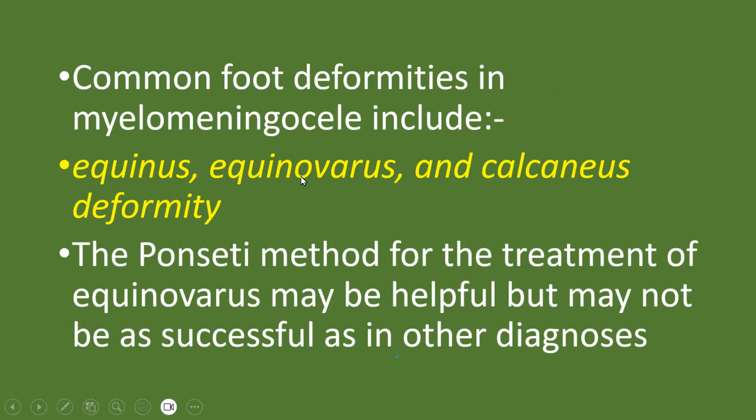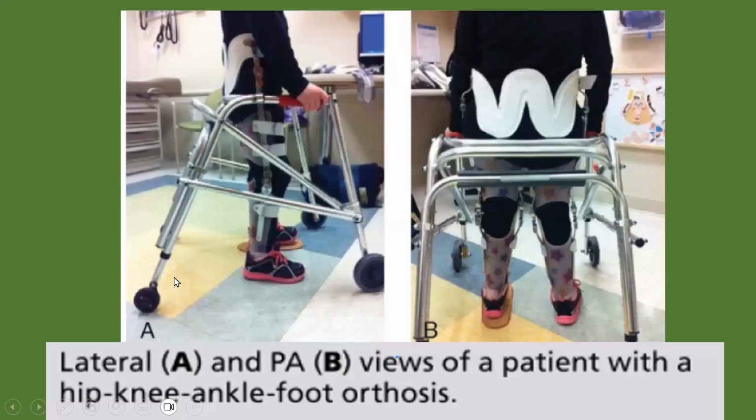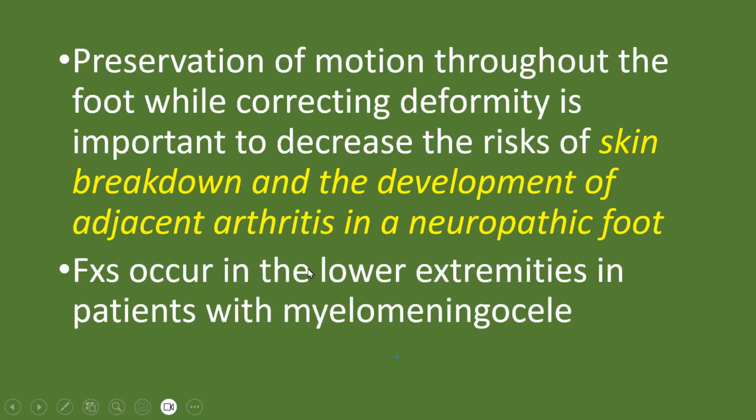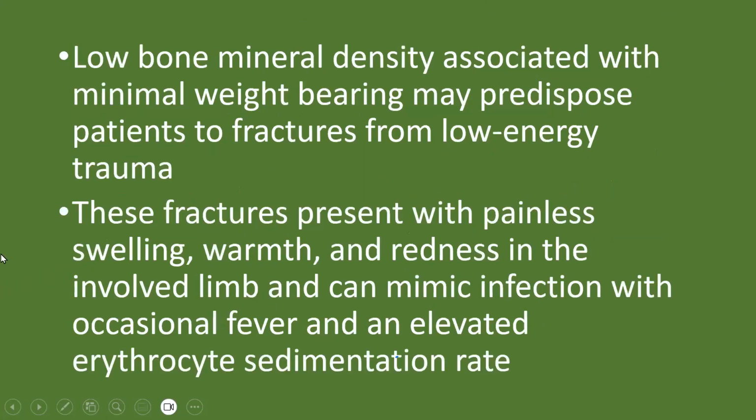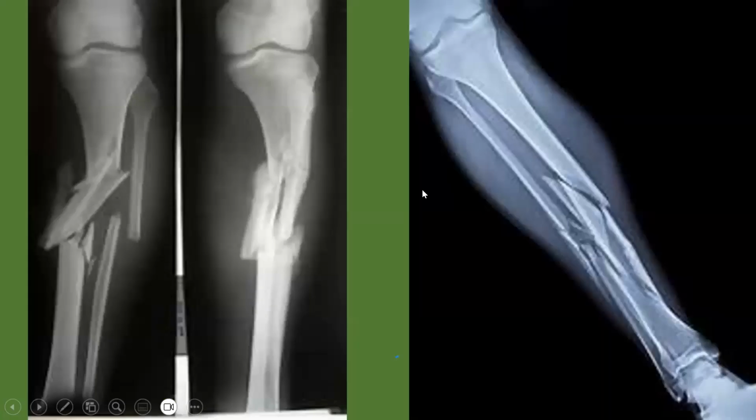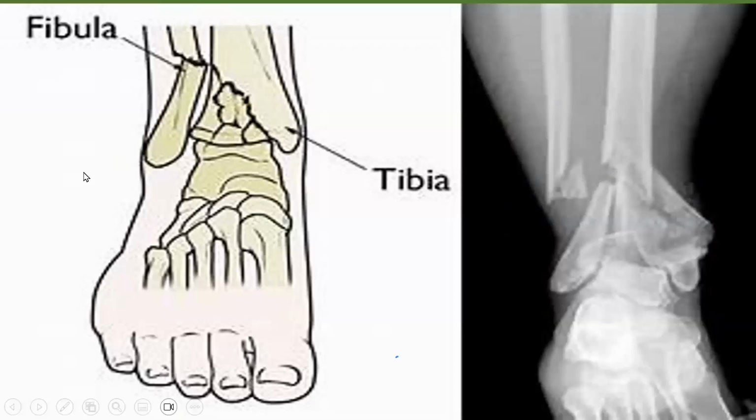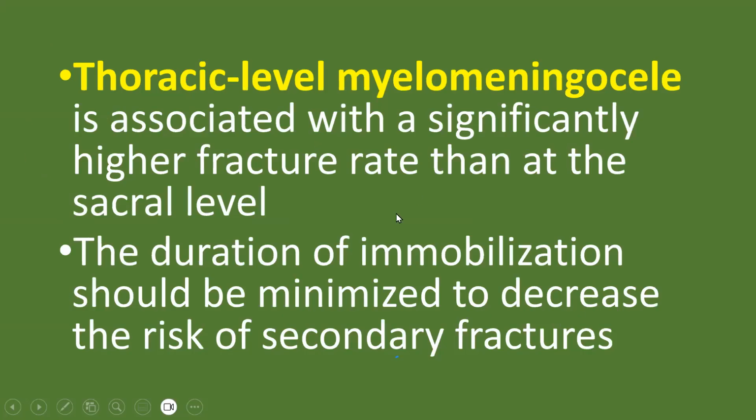So I would tell you that, again, you have a decreased bone mineral density, just like you have in cerebral palsy, especially in the late stages, and you have to treat them for osteoporosis. These are the fractures that you could have. Even in the spine, they can end up having fractures.